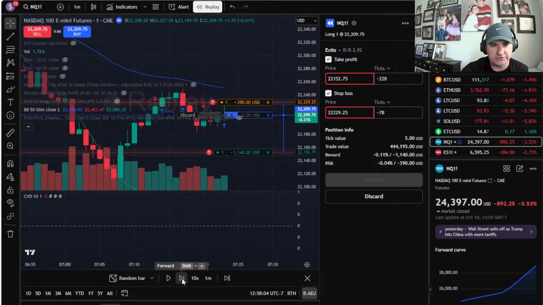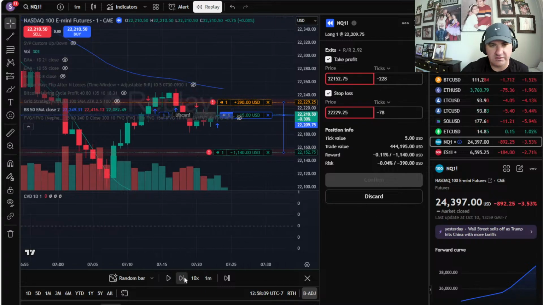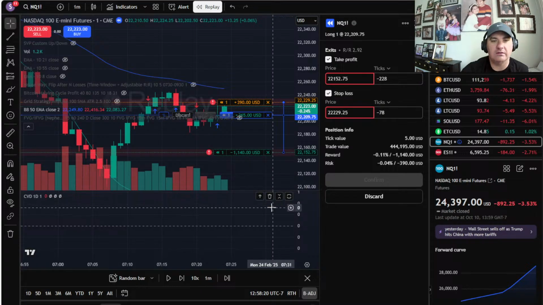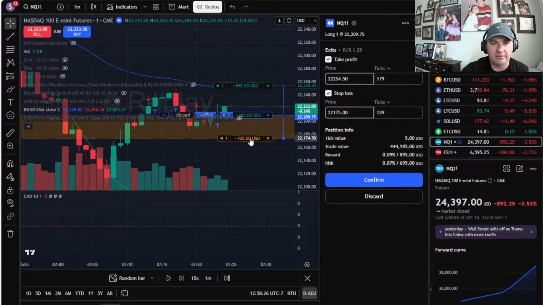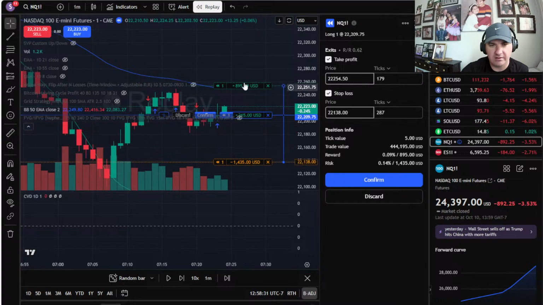I'm not sure why it doesn't give me the confirmation for those. Let's see. Why are these yellow? Stop. Oh, this is the wrong way. I think, because this is a buy, this is the stop and that's a take profit.